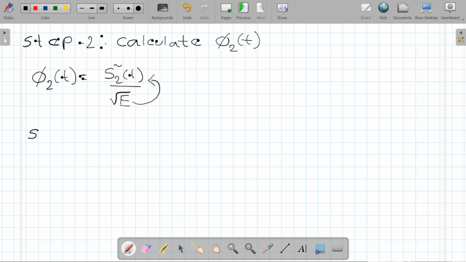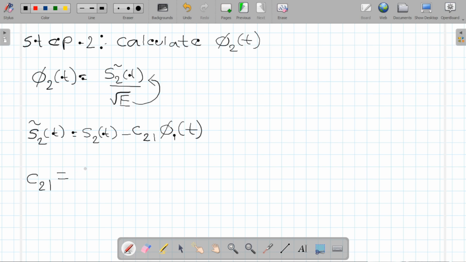Now we will write S2 tilde of t as S2 of t minus C21 phi 1 of t. Now we will see what C21 is.